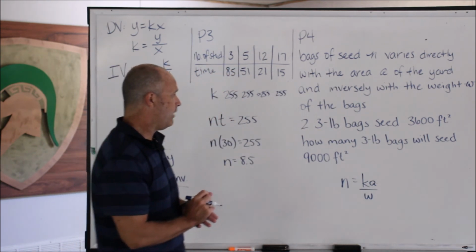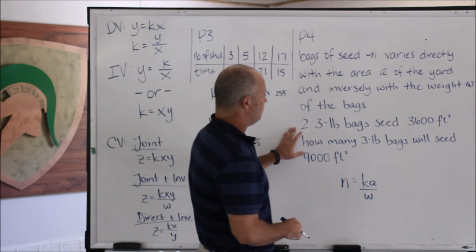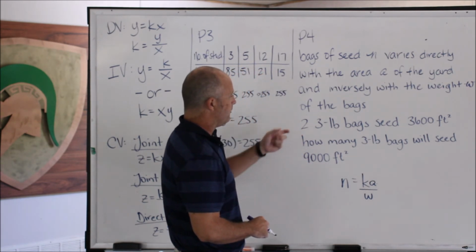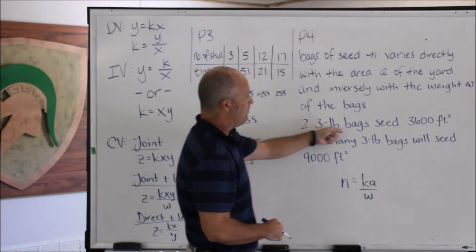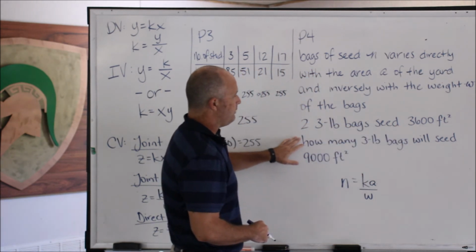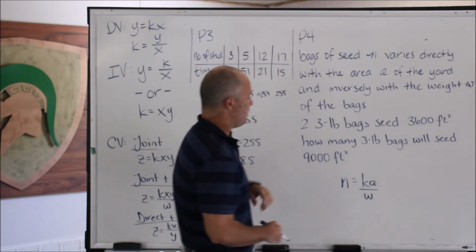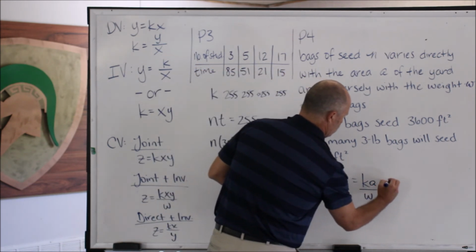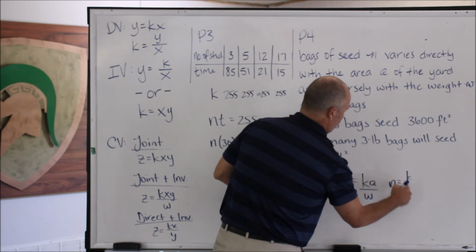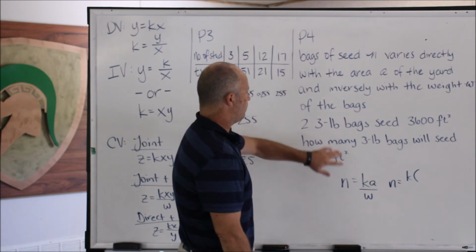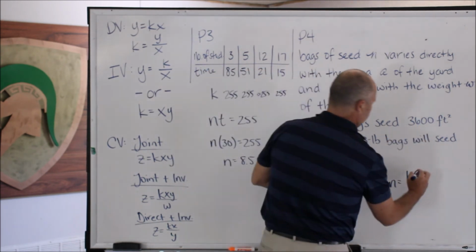Now what we want to find out is how many bags of seed we will need to do a 9,000 square foot yard. So if 2 3-pound bags of seed gives us 3,600 feet squared, how many 3-pound bags are going to seed 9,000 square feet? We're going to start with, again, N equals K, and we're going to fill in this A. We know that the area is 3,600 square feet.